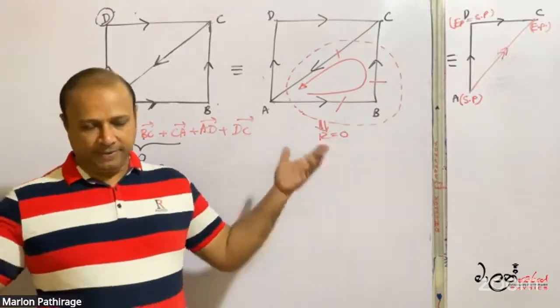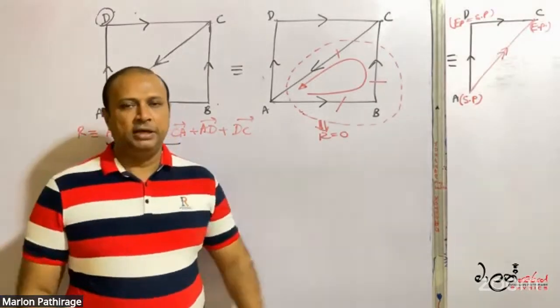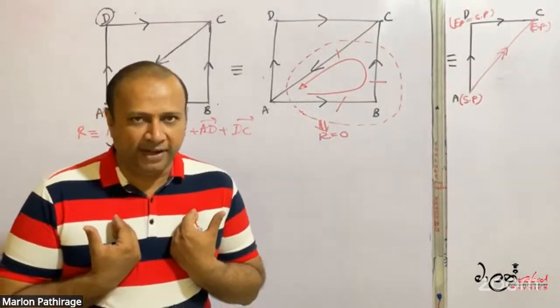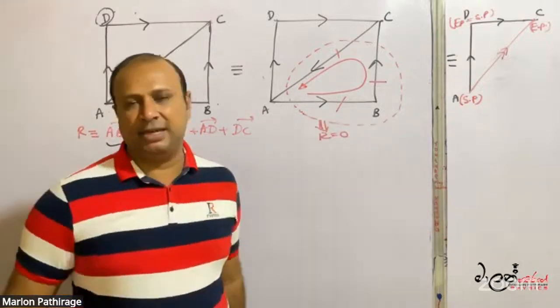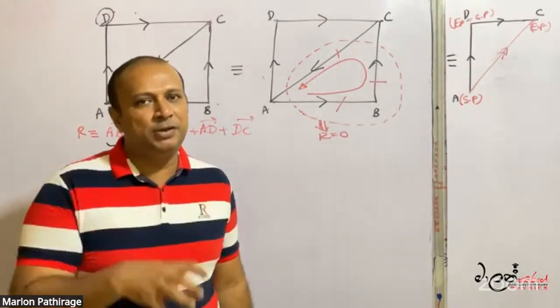Everyone, please look at the book. Now, what is my objective? To reduce the vector system into one single vector.